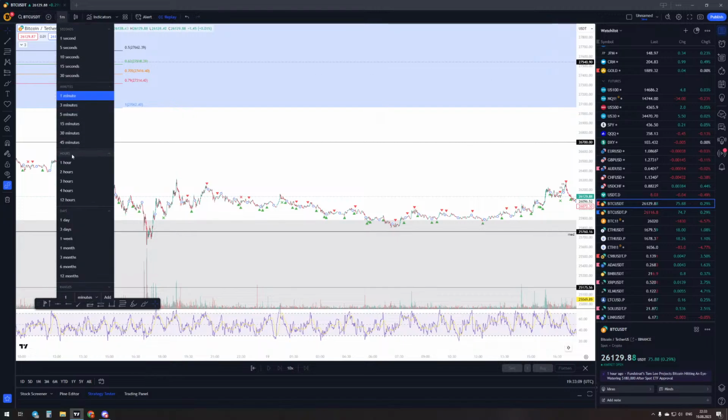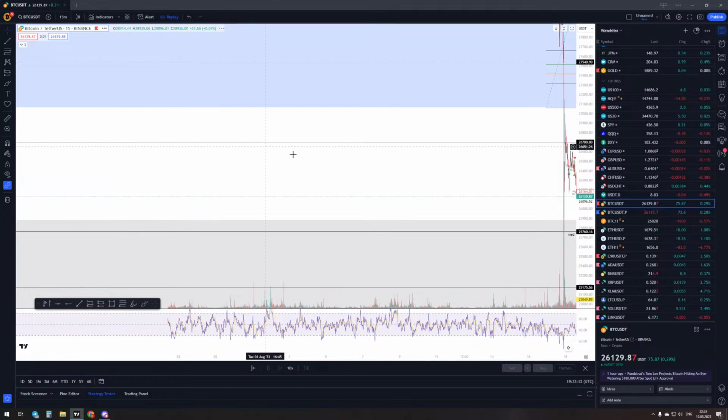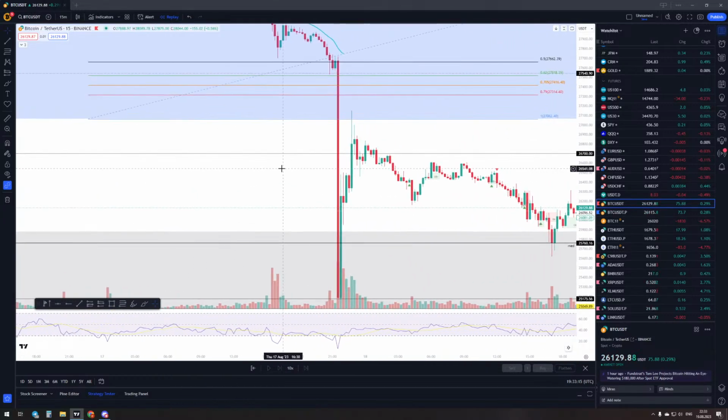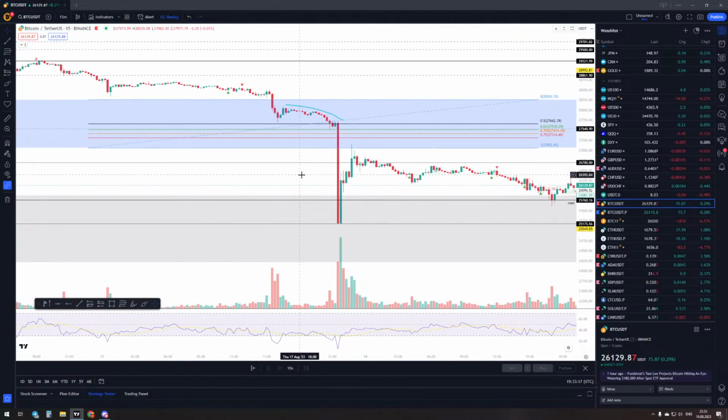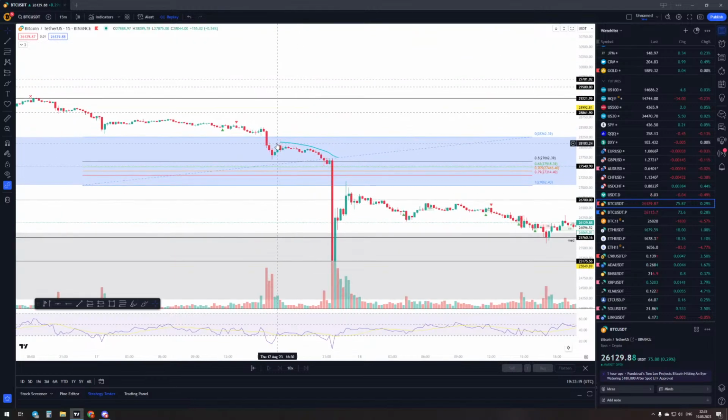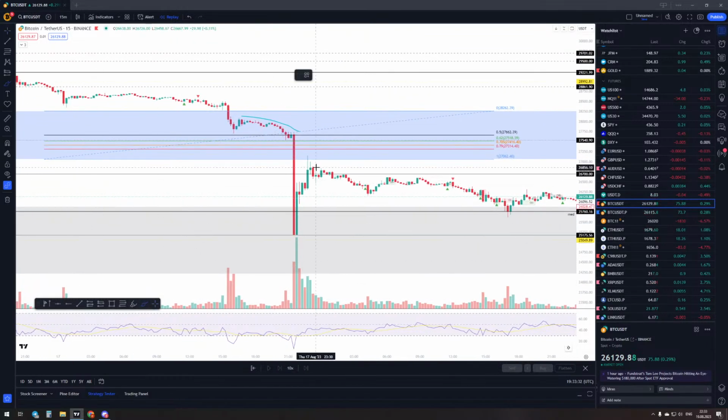But to break the structure, we have to go above at least this high, at least. Then we'll break on any time frame.